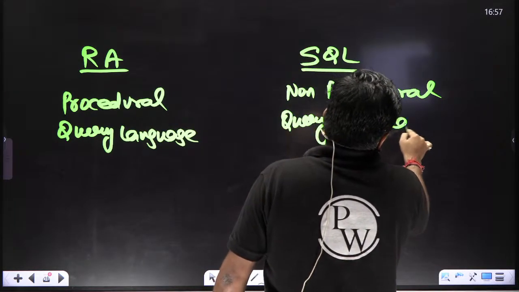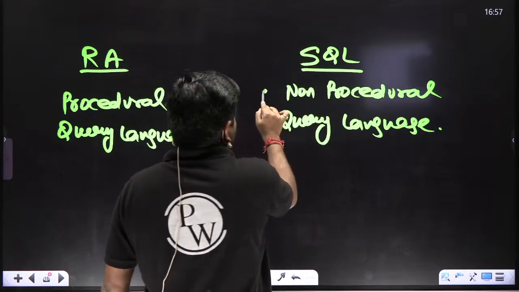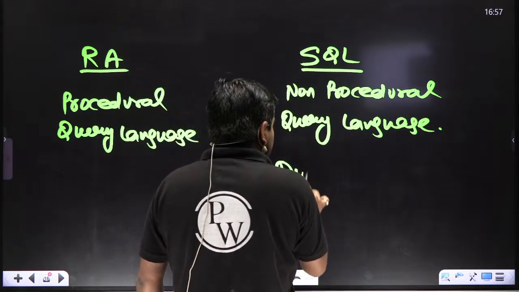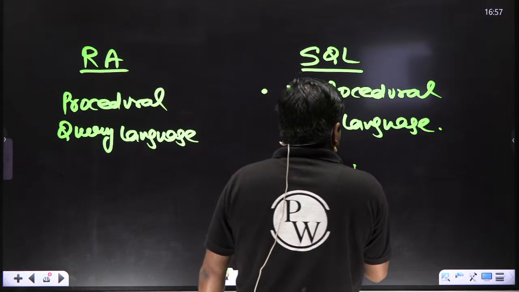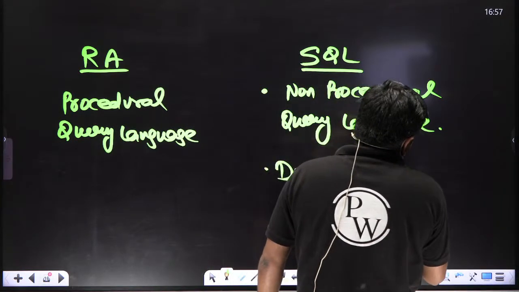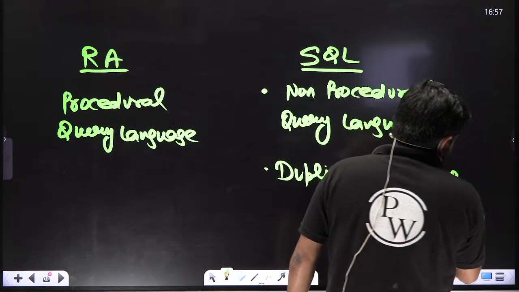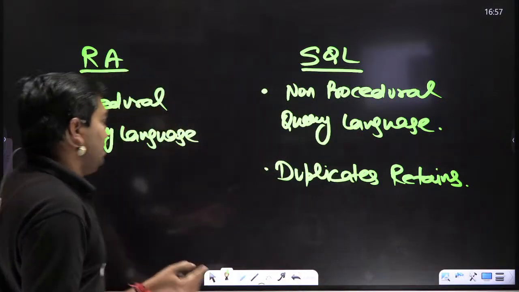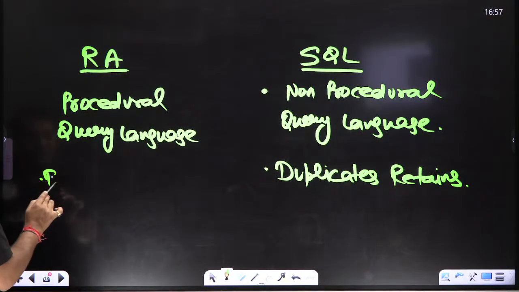And the main thing in SQL is that duplicates are retained by default. In SQL we have duplicates; relational algebra by default eliminates duplicates.